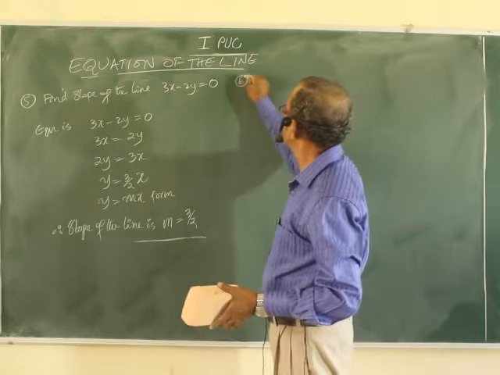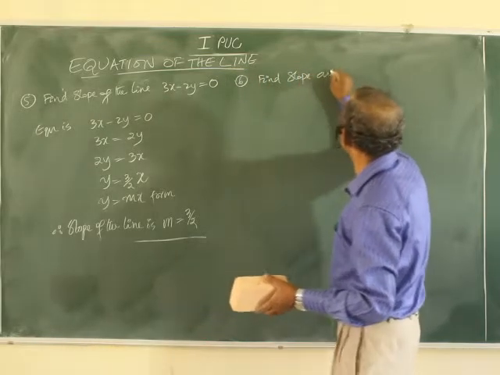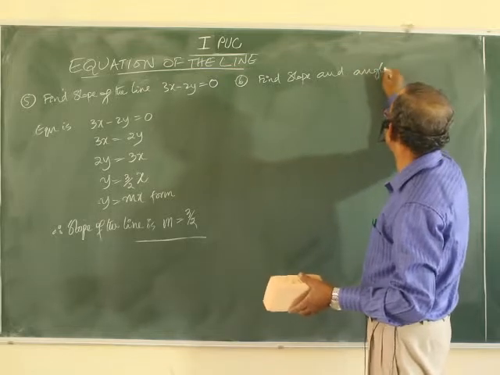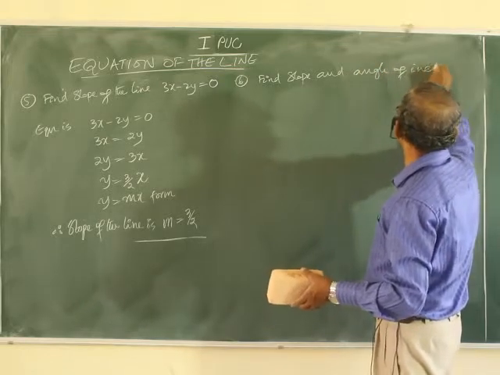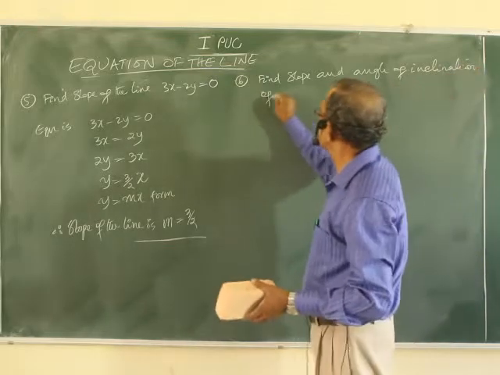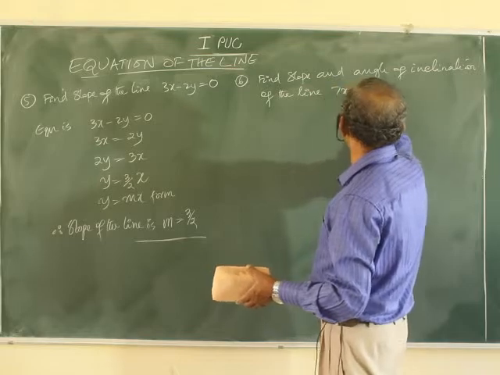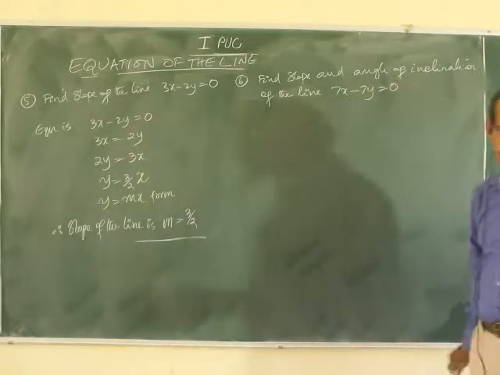If you want one more, find slope and angle of inclination of the line 7x minus 7y equal to 0.